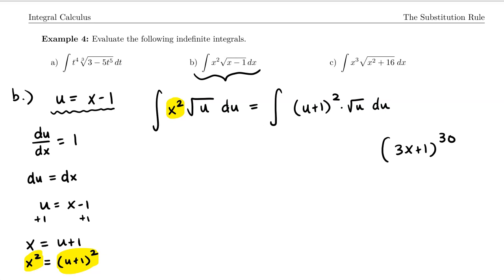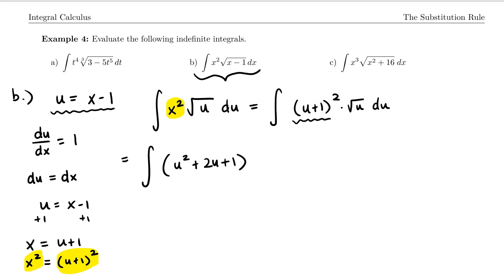Multiplying that out would take a long time, but here we just have u plus 1 squared, and that's not too bad to multiply out. So if I multiply that out, I get u squared plus 2u plus 1, and I still have the square root of u times du on the outside.